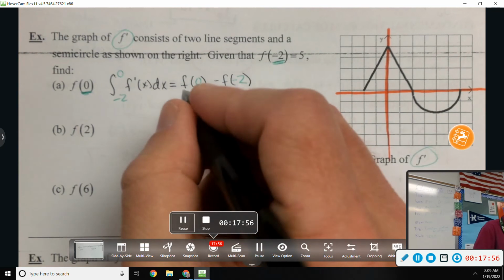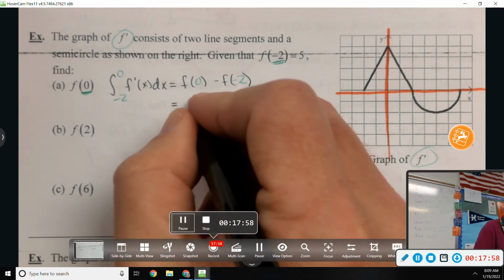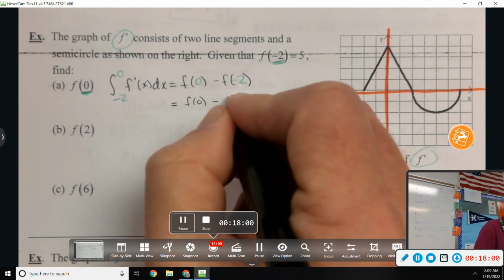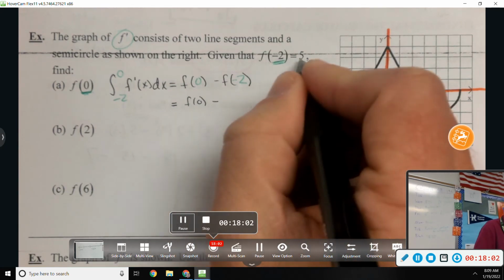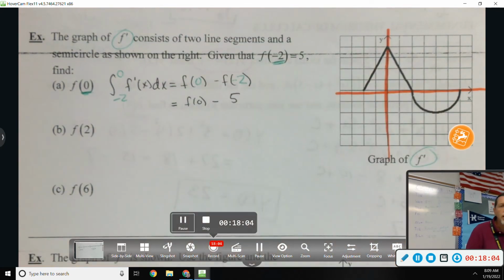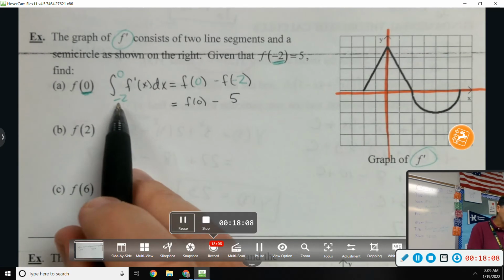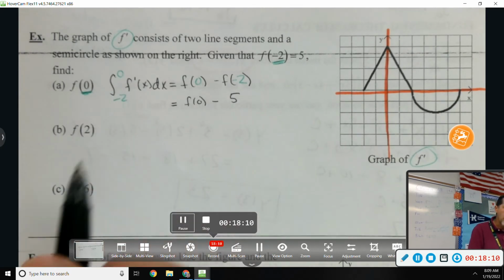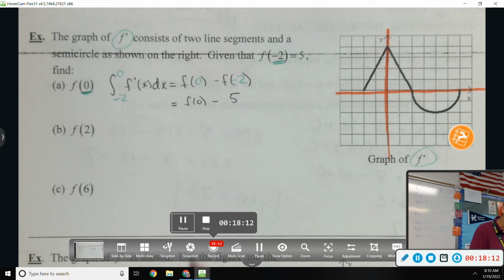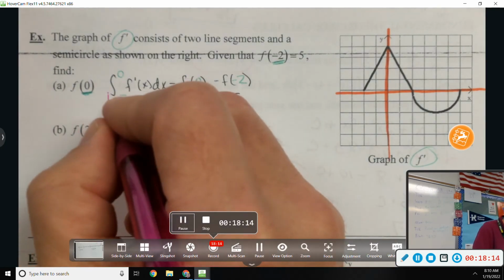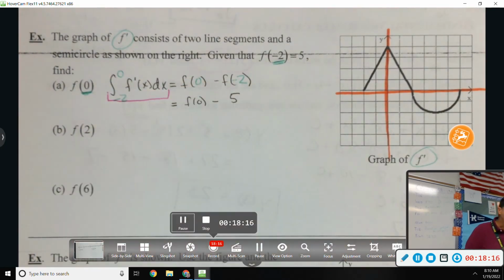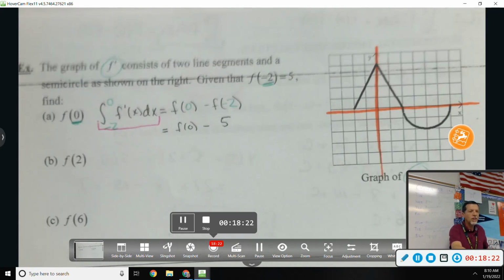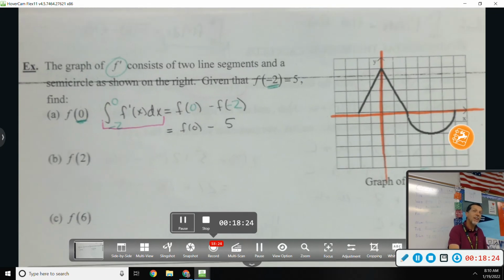All right, f of 0 is what we're looking for. F of -2, they told us, is 5, so we can plug that in. What about this integral from -2 to 0 of f prime? How can I figure out what that is? What was the first thing we talked about that symbol means long ago? The area.